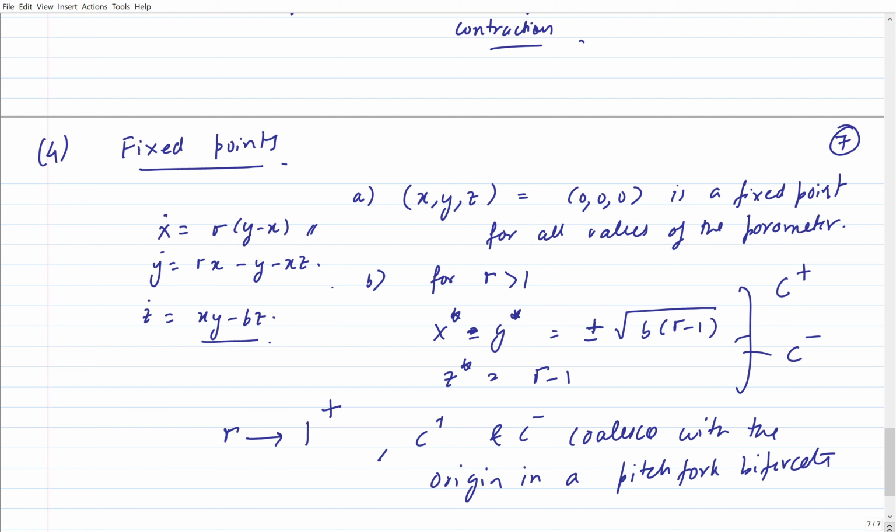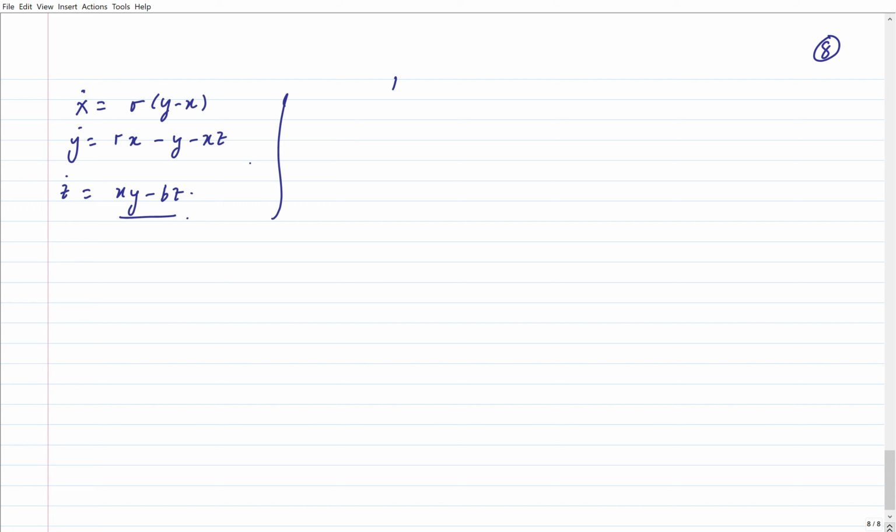We shall see the bifurcation diagram of the Lorentz system soon. Let's talk about the origin. This is the Lorentz system of equations. Let's talk about the linear stability of the origin.